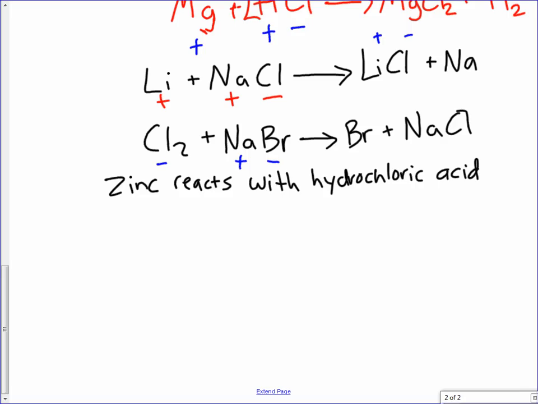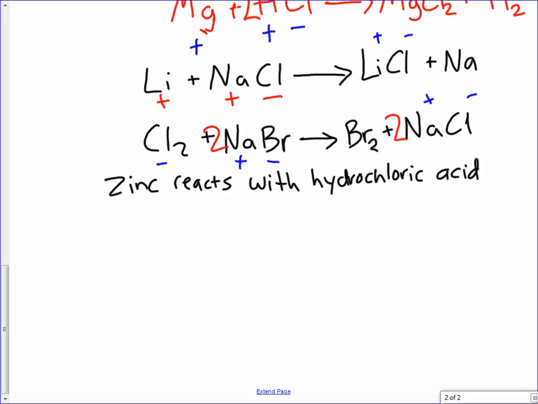I don't care that it was Cl2 to start out with. I'm just writing Cl for now, and we're going to figure out what the eventual subscript is going to be. So bromine, diatomic molecule, Br2. We look at Na and Cl. Na is a +1, Cl is a -1, so we don't need subscripts there. We do, however, need to balance, but that'll do the trick.